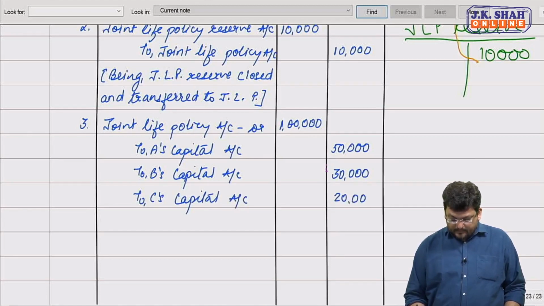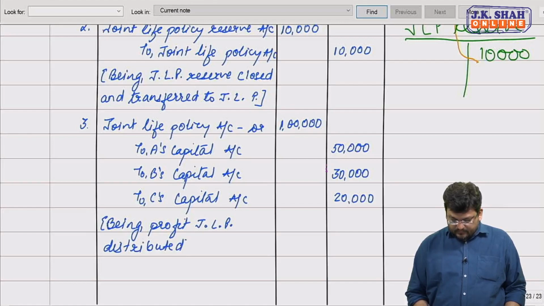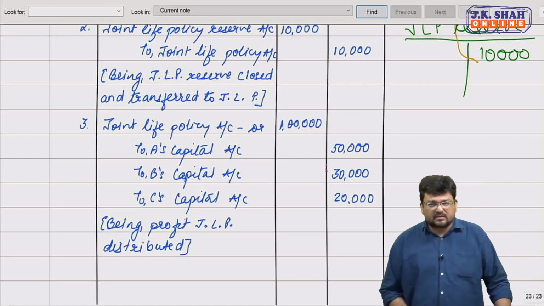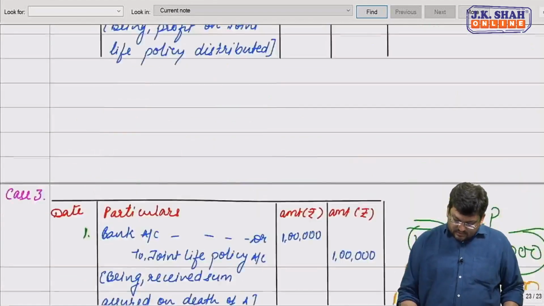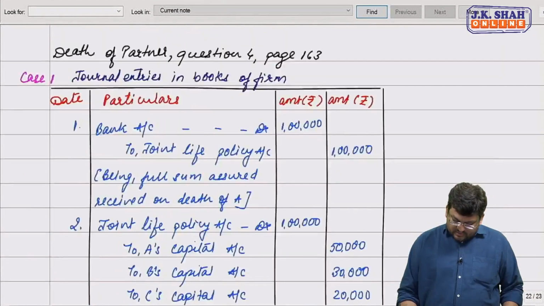Correct. Being profit of JLP distributed. Yes, sir. So pause and copy all the 3 cases.